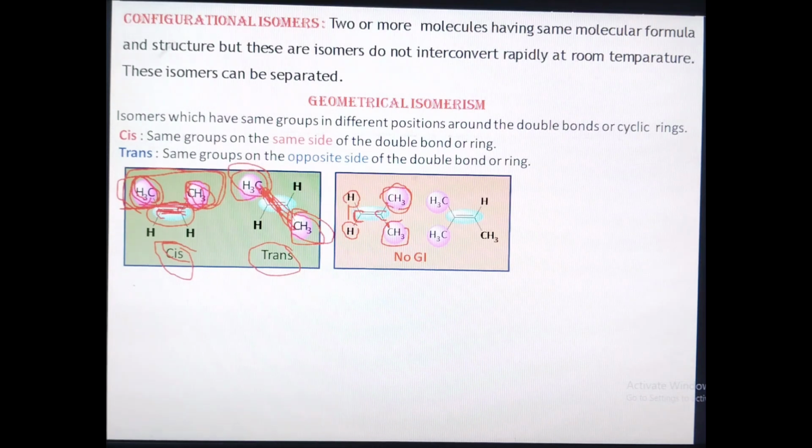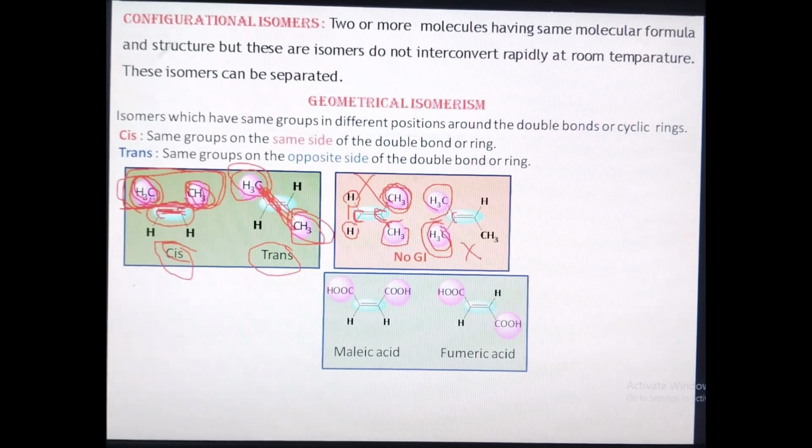So this type of molecule will not show geometrical isomerism. The condition is that the groups attached to each carbon atom of the alkene must be different. Then only the molecule shows geometrical isomers.